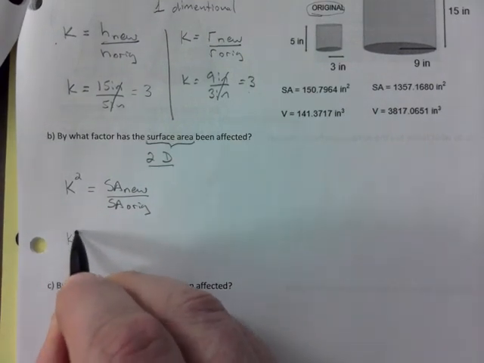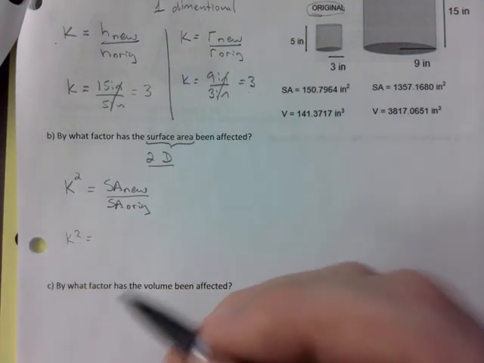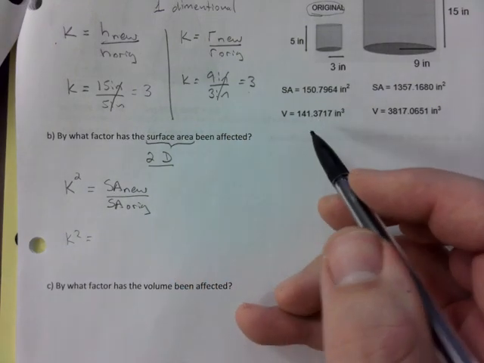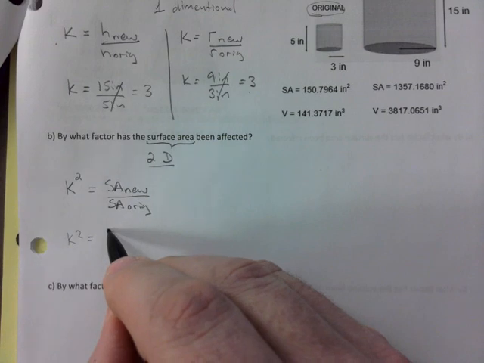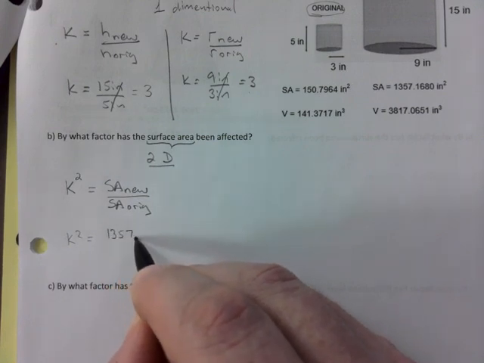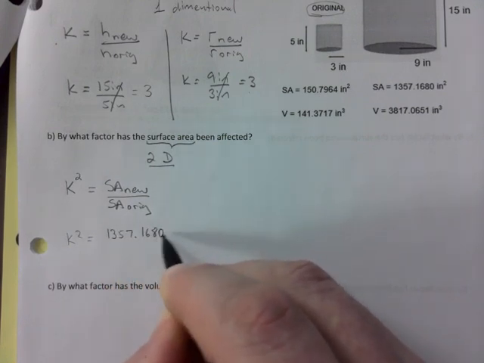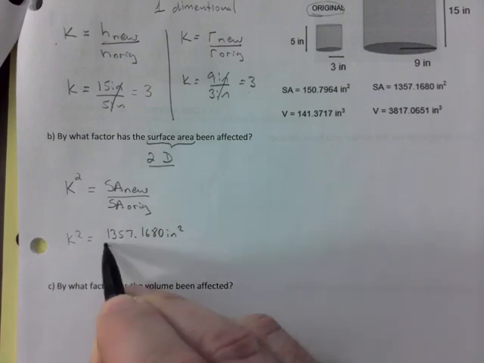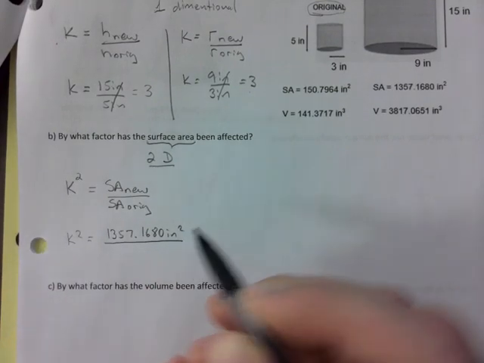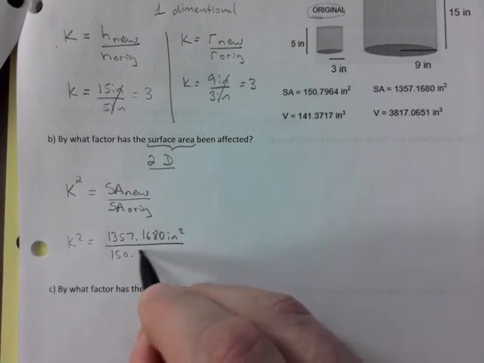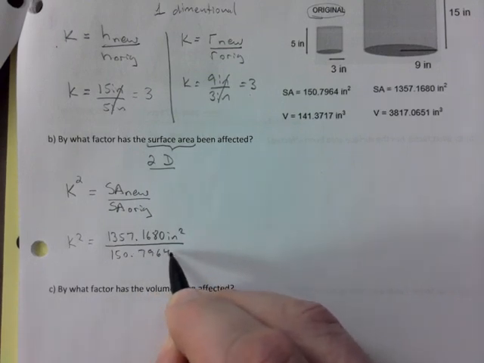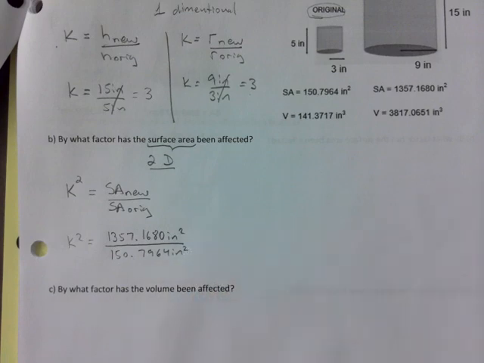So K squared is going to be, let's be careful here, we compare both surface areas. So we're going to go 1357.1680 squared inches divided by 150.79, and use the decimals because I used 4 decimals here to make sure we get the same.